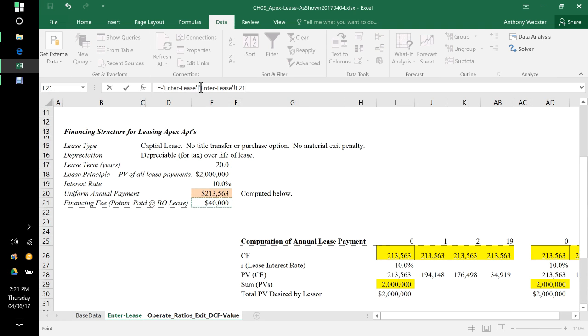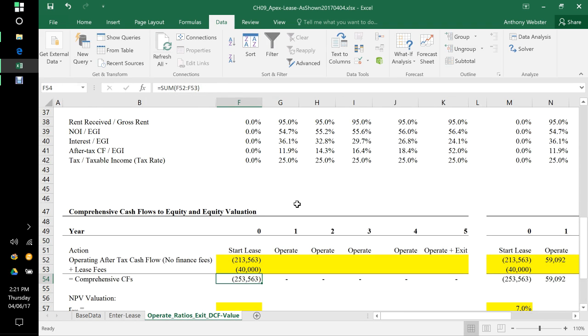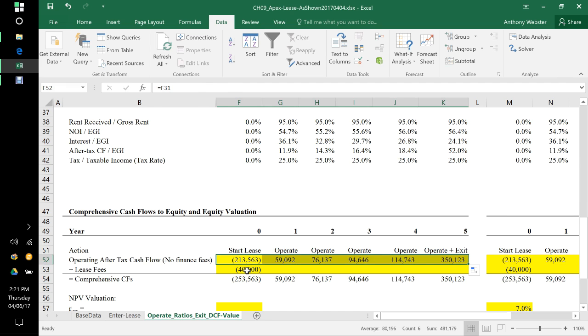And I don't want to have this twice, so I think that's going to work. Yeah, that looks pretty good. And that payment only happens once, so I don't want to drag that over or anything.